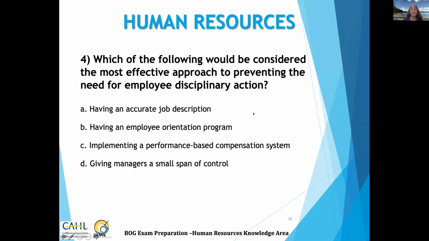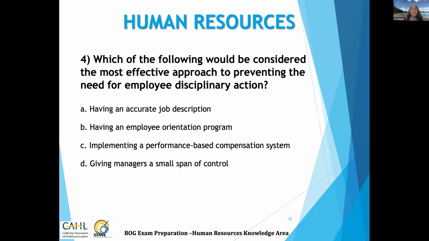Having an employee orientation program, not sure that's the most effective approach. It depends what they cover in the orientation. Correct. But again, the most effective. Implementing a performance-based compensation system, or giving managers a small span of control.